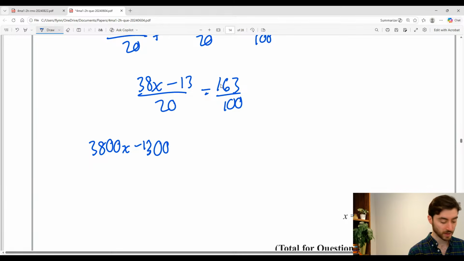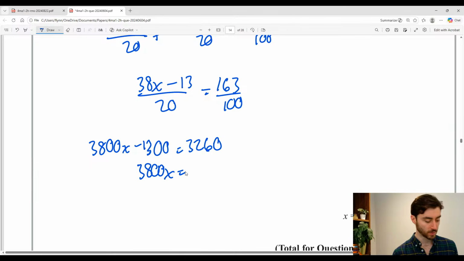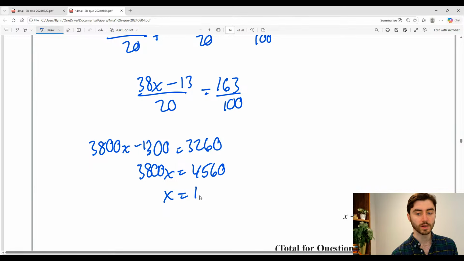Multiplying the 20 across, we get 163 times 20, which is 3260. We can add the 1300 across and get 3800x is equal to that plus 1300, which is 4560. And then x is equal to that divided by 3800, which is 1.2, or 6 over 5.